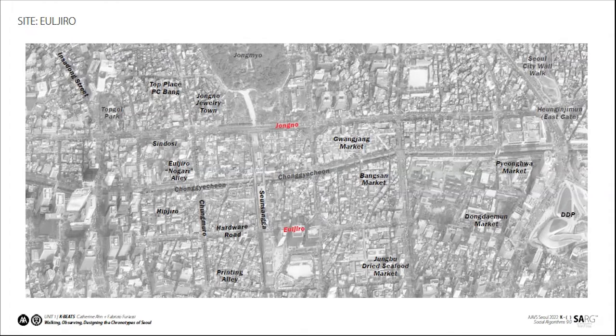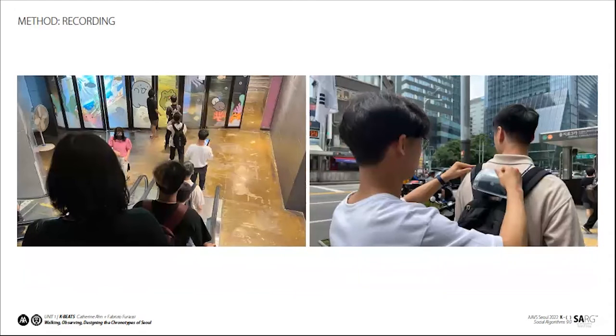We thought that the exploration of Seoul would attune us to the city's chronotypes, allowing us to register transitional spaces that go unnoticed, that could anticipate the future of the city. And we asked each group to record their explorations with their phone cameras and create edited documentaries with their visions about Seoul's chronotypes.